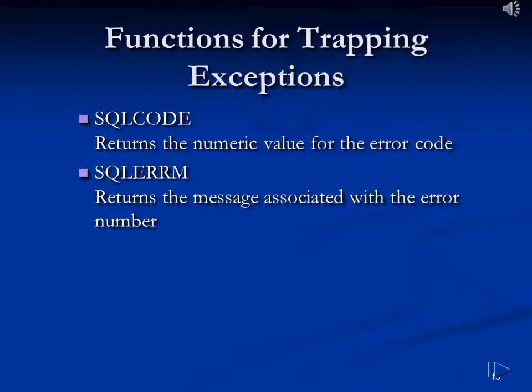Next are the error trapping functions. When an exception occurs, you can identify the associated error code or error message by using two functions. Based on the values of the code or message, you can decide what subsequent actions to take. Next is SQLERRM. SQLCODE returns the number of the Oracle error for internal exceptions.